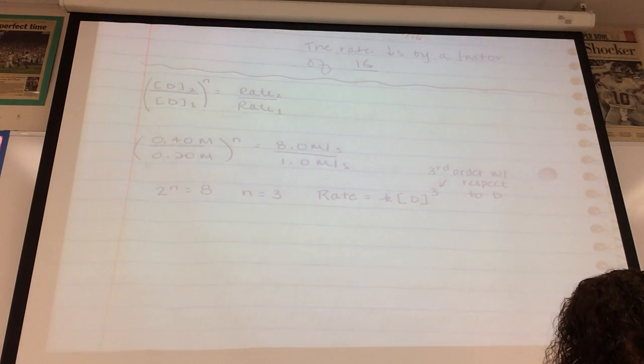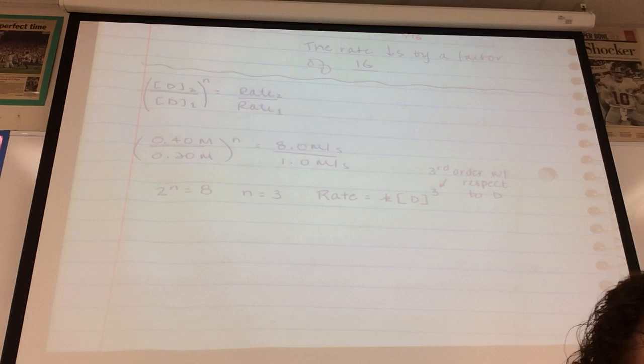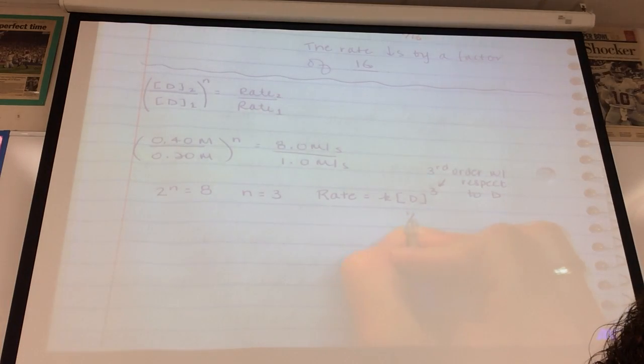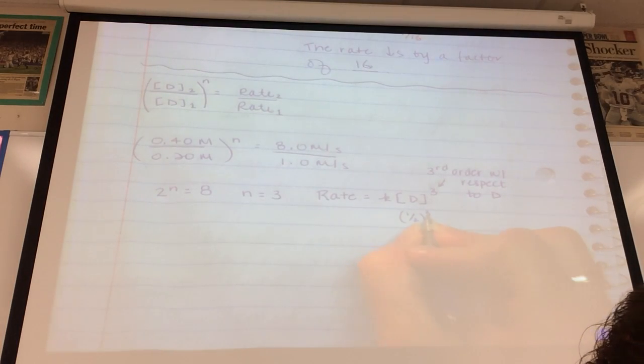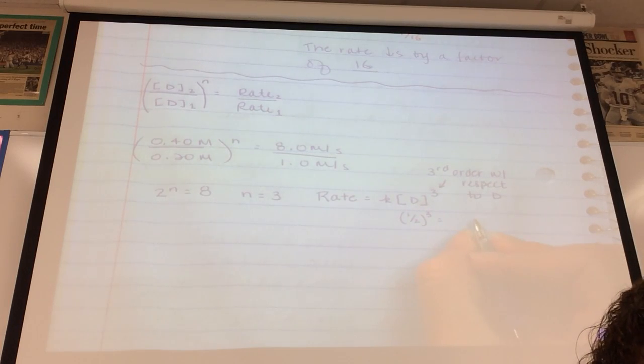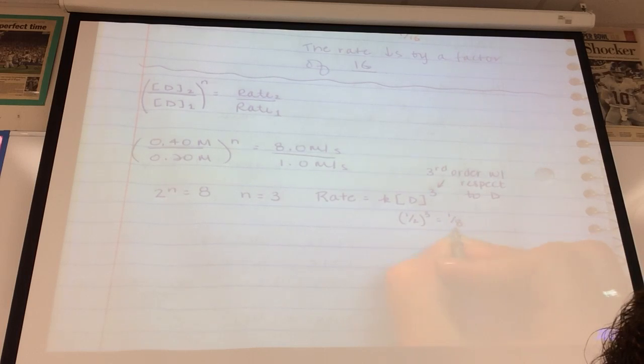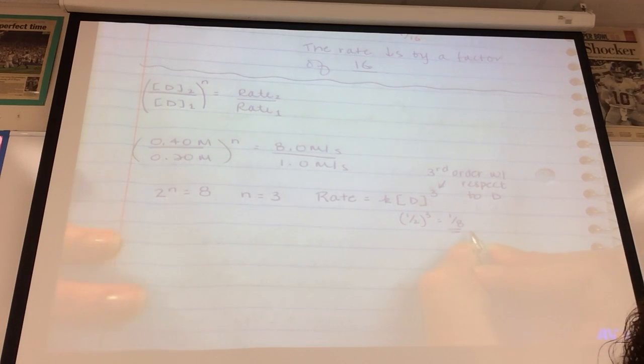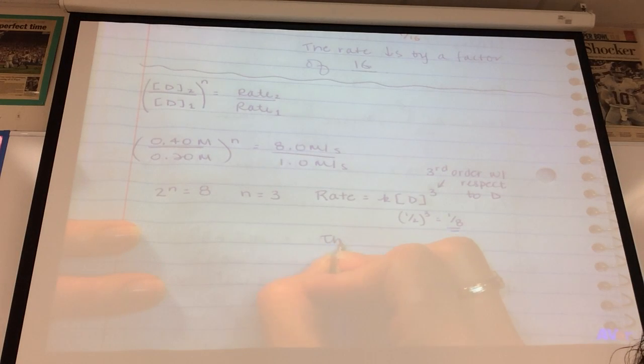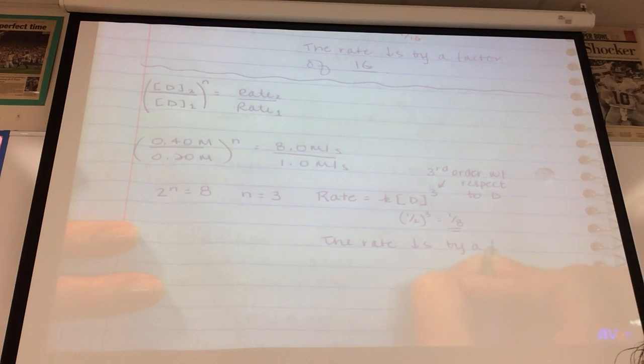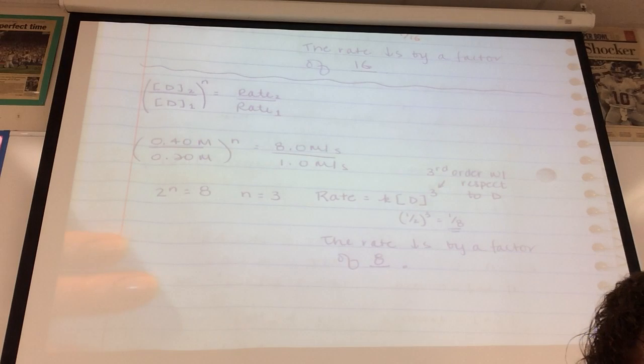Now it asks you two questions. It says if the concentration of D is halved, put a half in. What's 1/2 to the third power? 1/6. No. 1/8? Is this number less than 1? Yes, so the rate decreases by a factor of what? 8, the reciprocal.